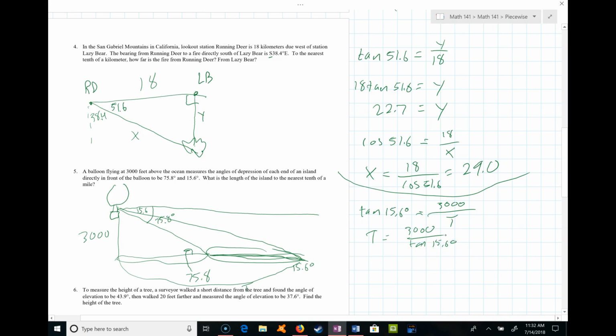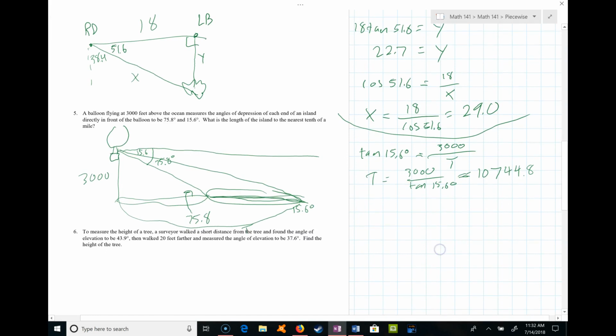So let's see, 3,000 divided by tangent of 15.6, and I get T is approximately equal to 10,744.8.